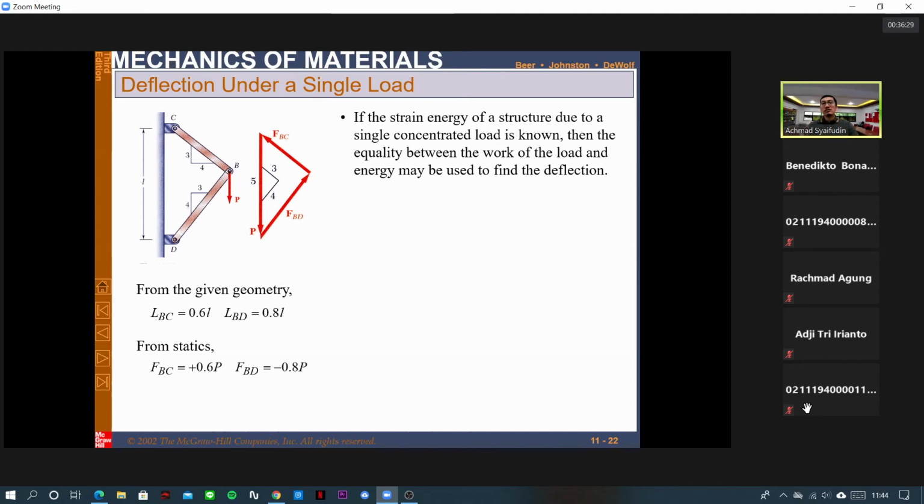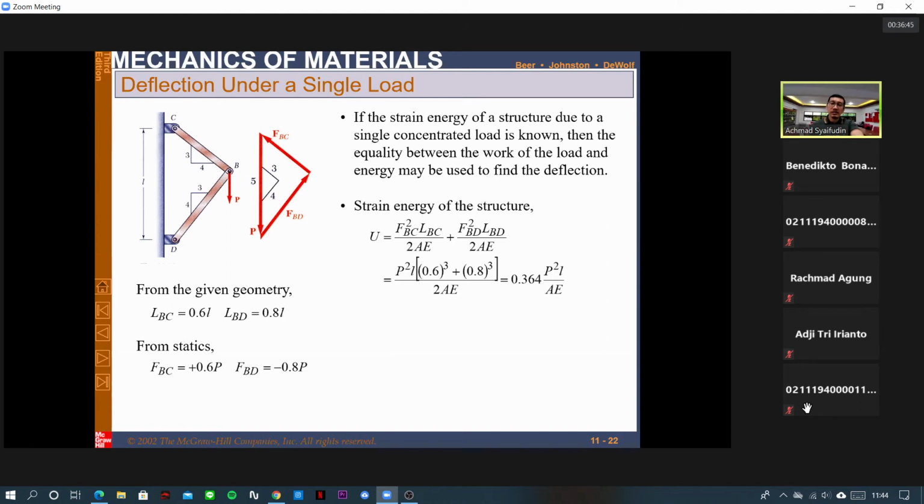If the strain energy of a structure is known, then we can use the equality between work and energy to get the deflection. This is the strain energy, then this is equating work and strain energy.